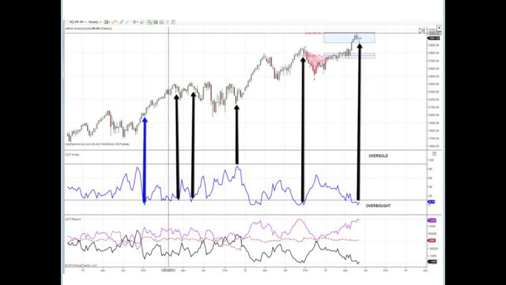Next one is NASDAQ. Everybody's been kind of focusing on the equity markets here. Are we at a top? Are we overbought? And to be honest, one key thing here to look at in using commitment of traders data is not all equity futures are the same.